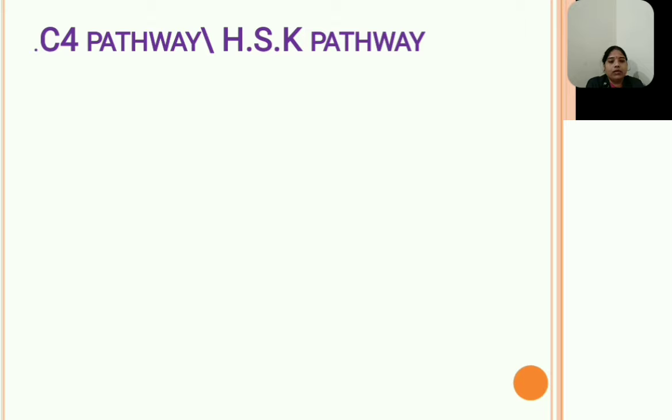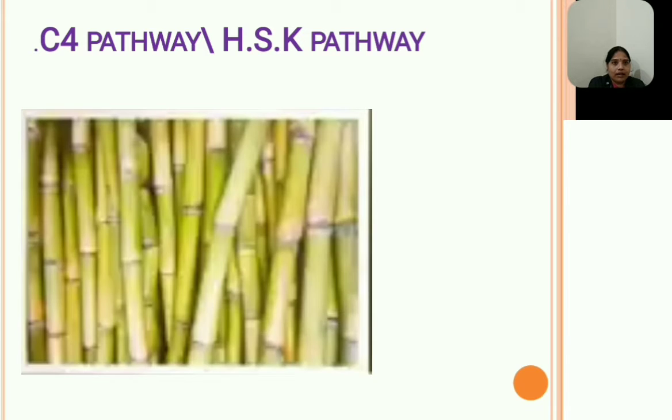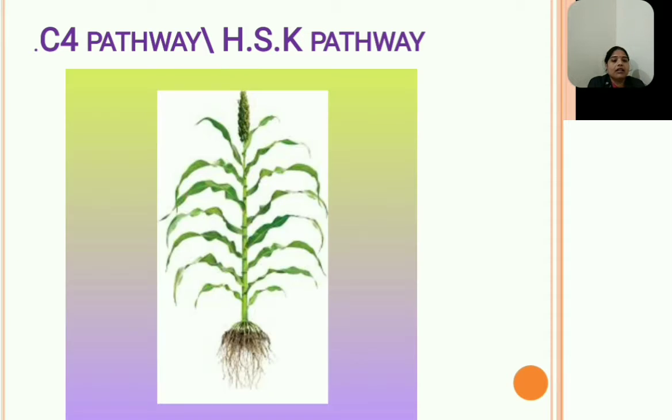It has been found to occur in tropical and subtropical grasses and some dicotyledons. Some important plants are sugarcane, maize and sorghum.